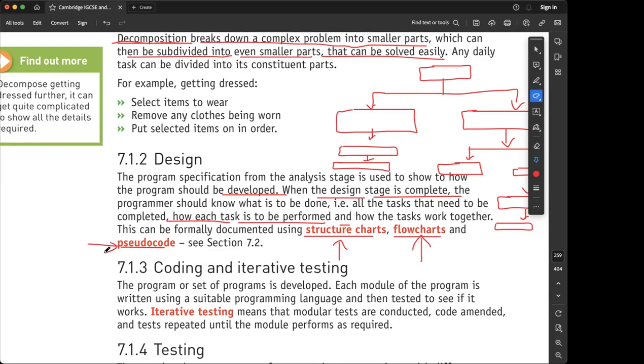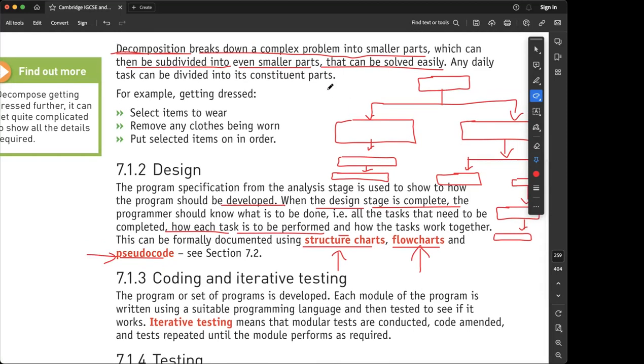Now, what are structure charts? Look, I have already drawn it for you. This is called a structure chart. A decomposition chart is also called a structure chart, and it is also called top-down design. Tell me the name again.